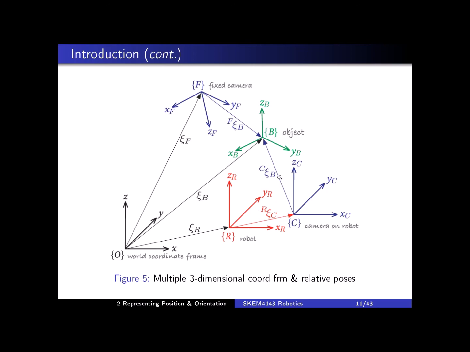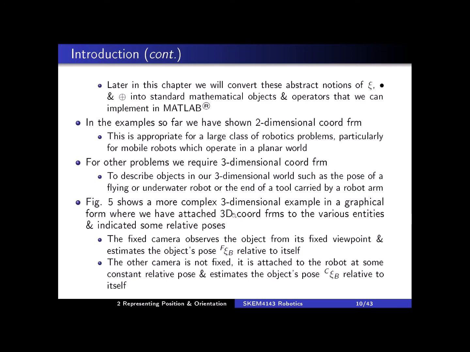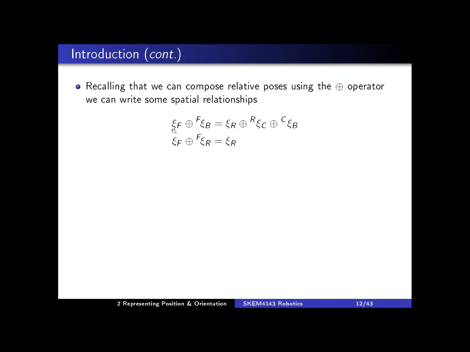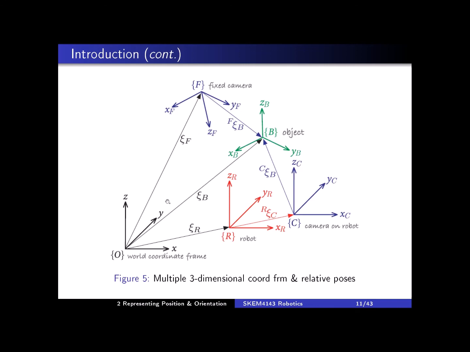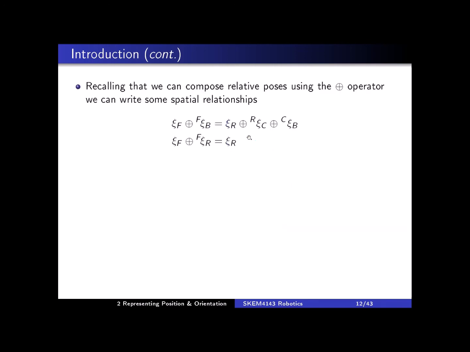One way of looking at this is, because we are getting the pose of B with respect to O, you can see that this vector is really this plus this. Of course, when it comes to poses, we don't use plus, we use a compositional operator, which we will define later.